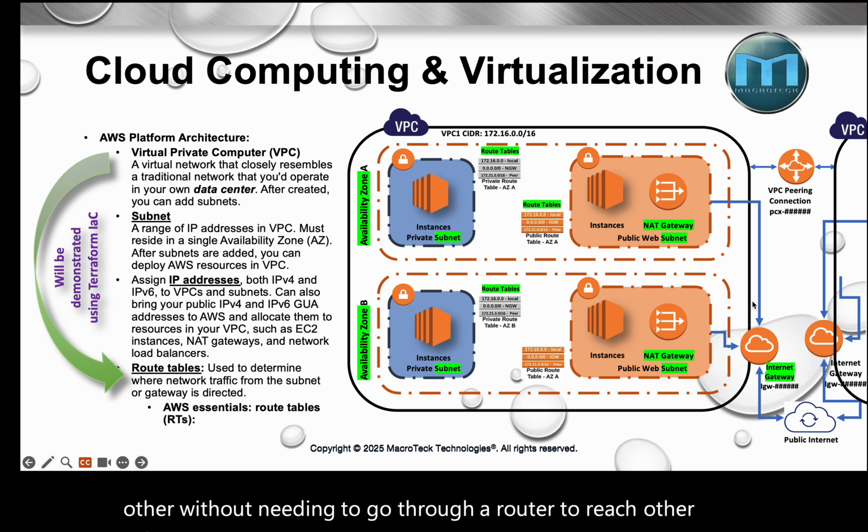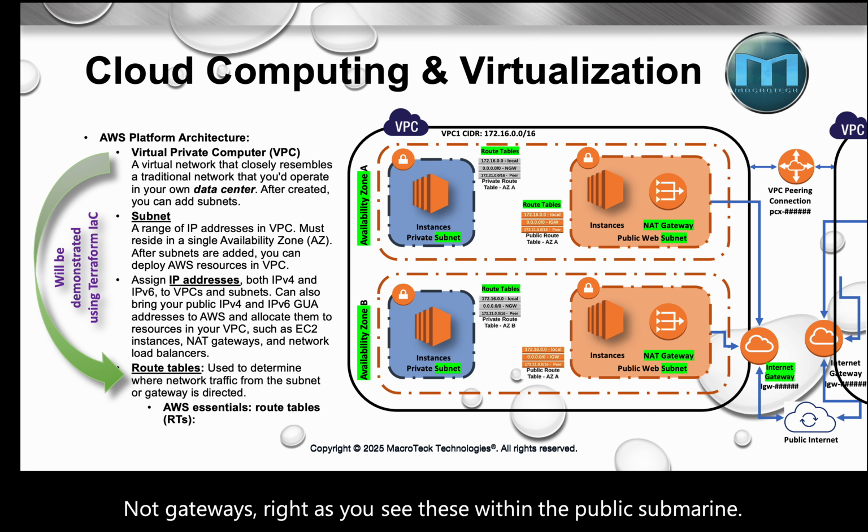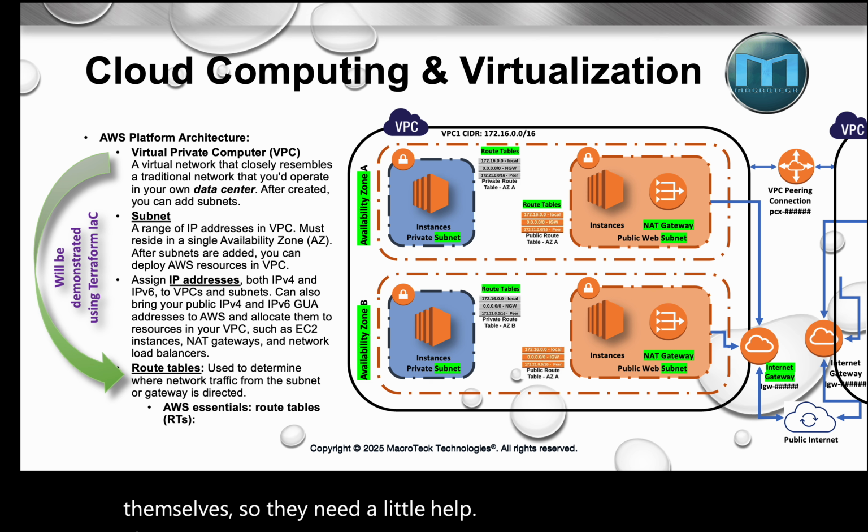NAT gateways, right, as you see these within the public subnet. Because a private subnet contains only resources with private IP addresses, these devices have no way to reach the internet by themselves, so they need a little help. This is where the NAT gateway comes in.